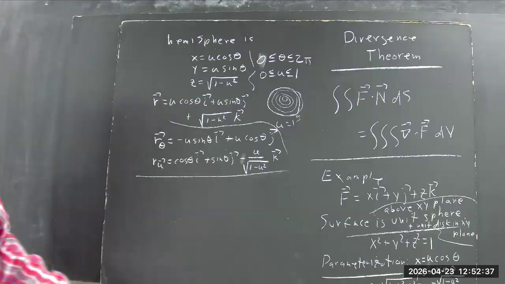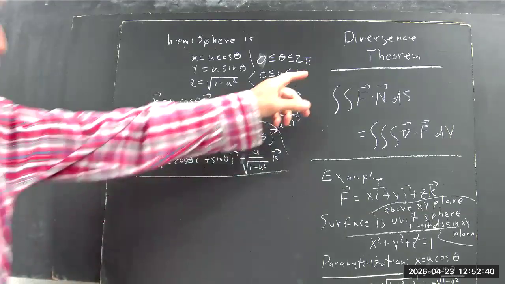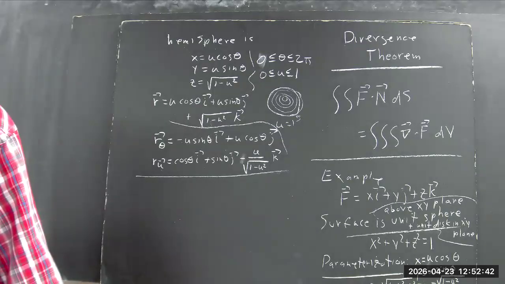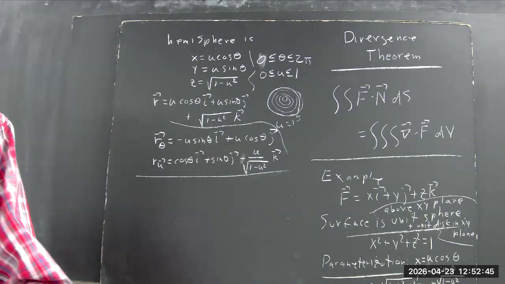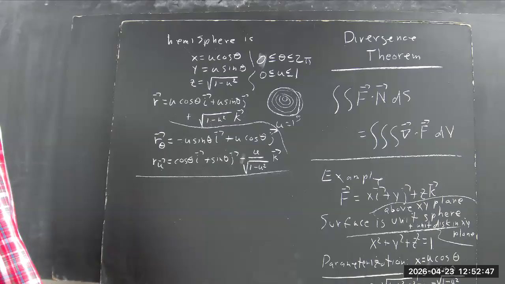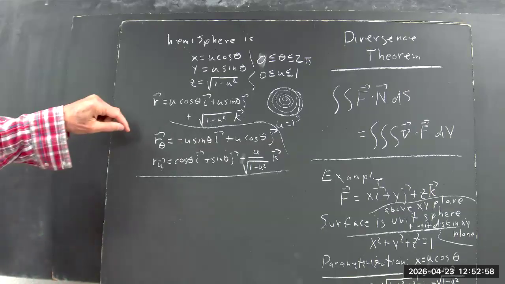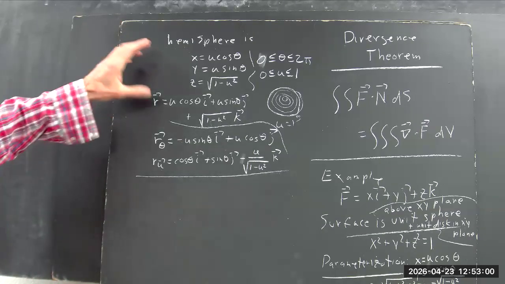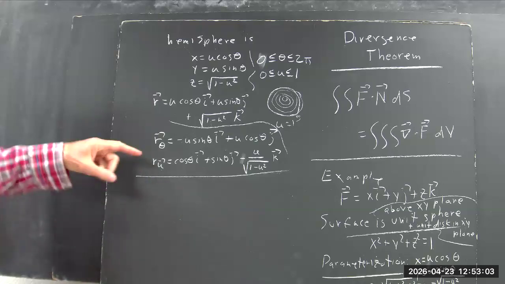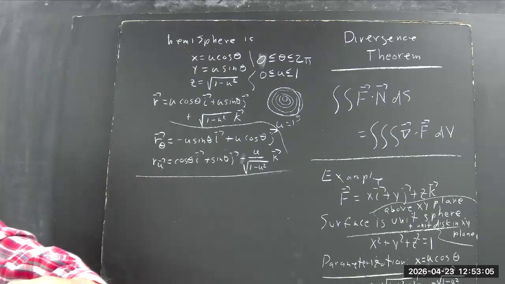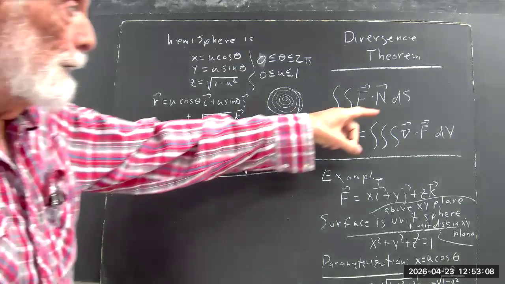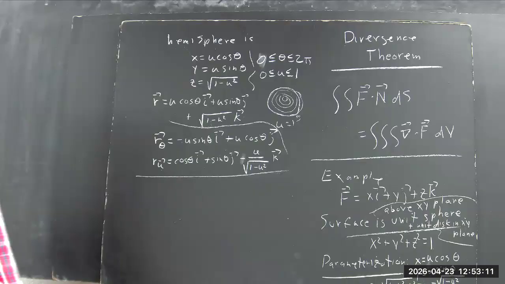Now you understand where we are in the process. To do a surface integral, we parameterize the surface. And remember, we've only parameterized the upper hemisphere. The unit disk down in the XY plane is going to be easy to parameterize. Now we can actually wave our hands and get that integral without even having to do anything. But we've parameterized it. Now in parameter space, in u theta space, your surface area is a rectangle.